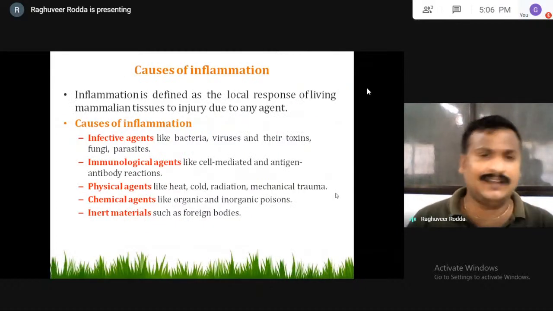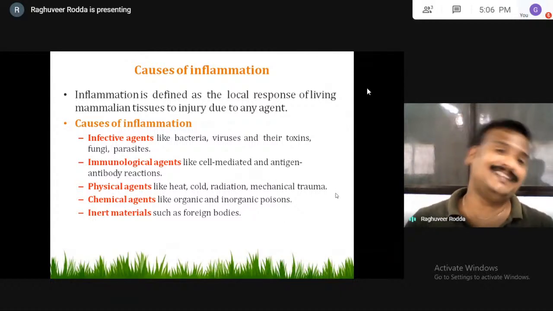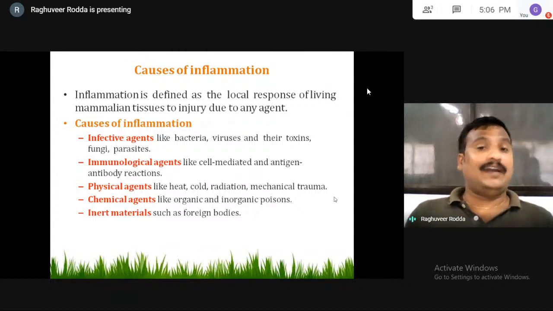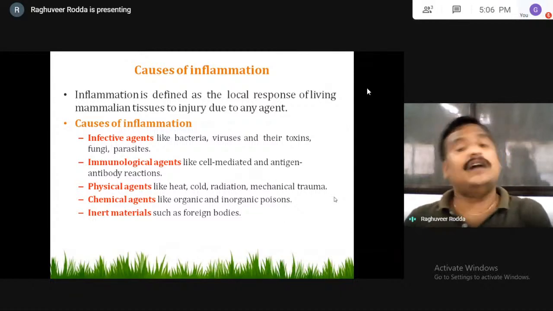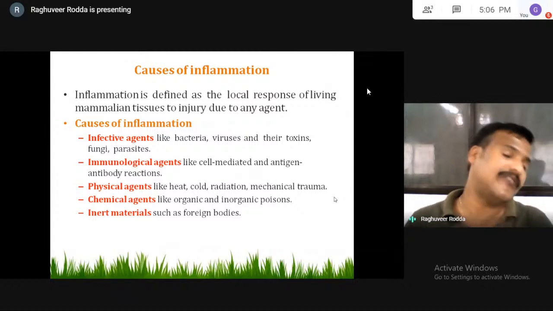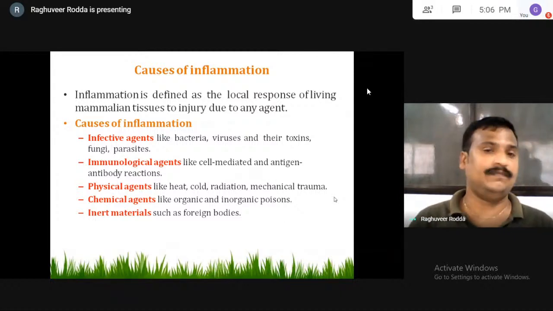Inflammation is defined as the local response of living mammalian tissue to injury. The injury is not an all or none response; there are intermediate points and some compromising areas also. As the cell is a vital thing, it tries to be active and functional.